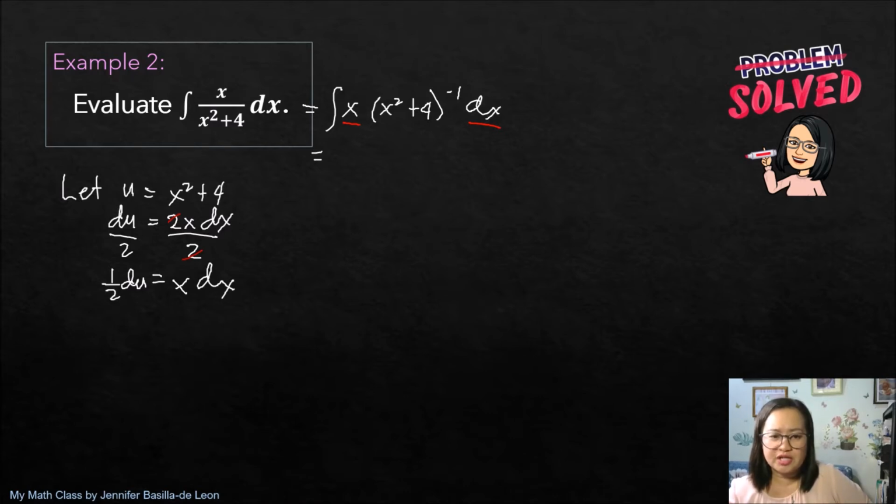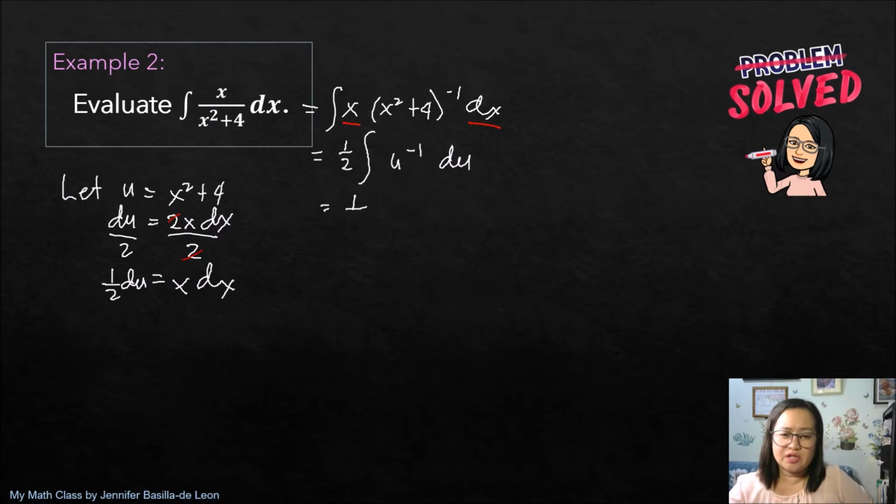So x dx is 1/2 du, so we can write 1/2 outside the integral sign. And then we have u raised to negative 1 du. Applying the basic integration formula for integrand having an exponent of negative 1, we will have 1/2 times ln of the absolute value of u, plus c.